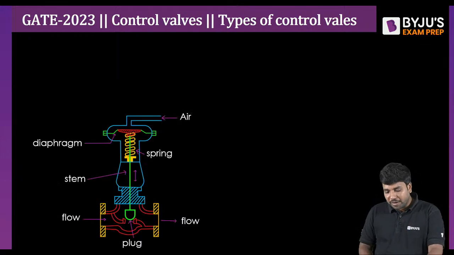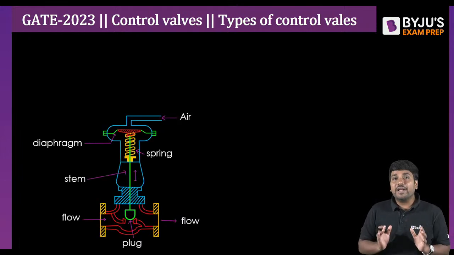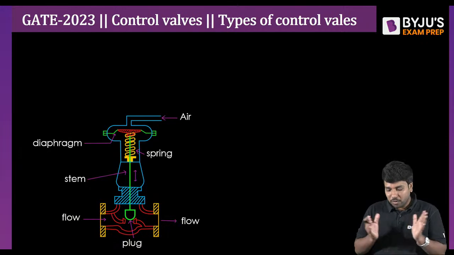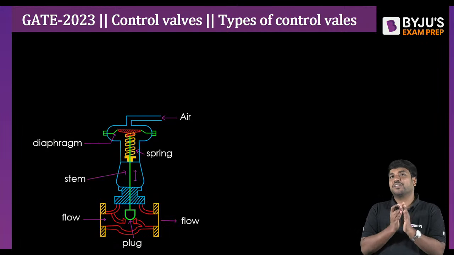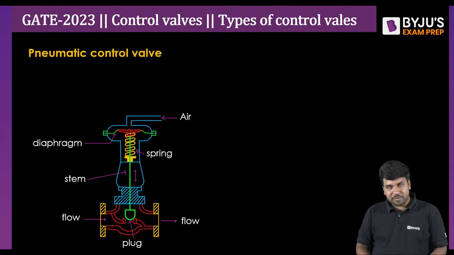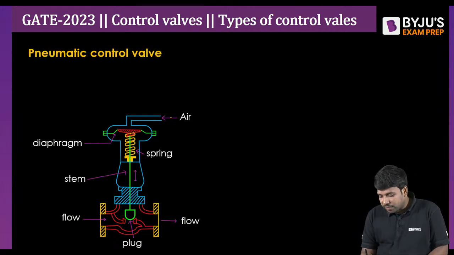Clear? Moving ahead to the next one, that is pneumatic type control valve. You all can see on the slide, I have explained this even in the very first lecture of the control valve. What we do here is, we apply the air pressure. When we apply the air pressure, it will be applied on the diaphragm, and then the diaphragm will be displaced in the downward direction.